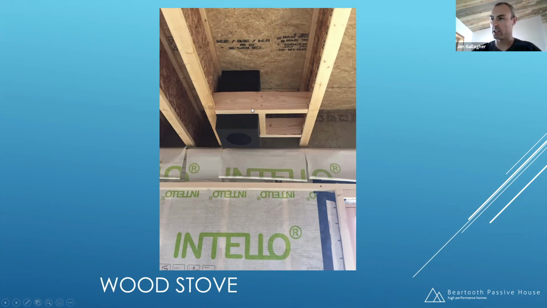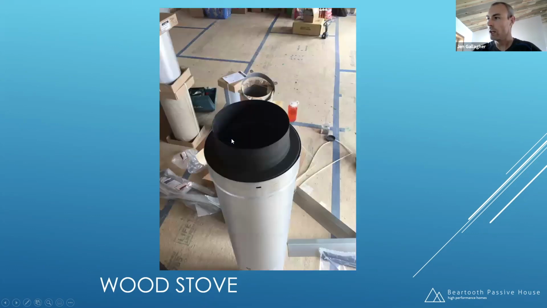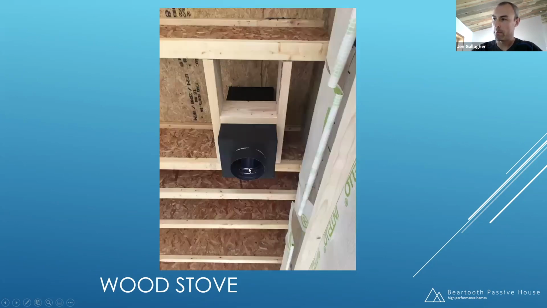Okay, so they put this box in. Now, here's your chimney pipe, and here is the piece that they put at the end of the chimney pipe that sticks out of the end of that box.